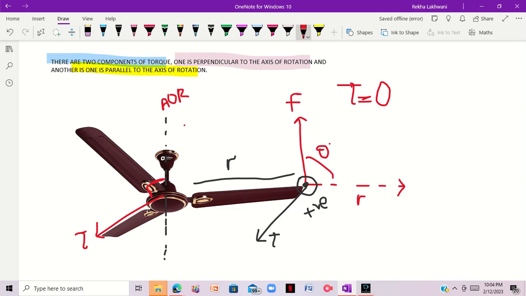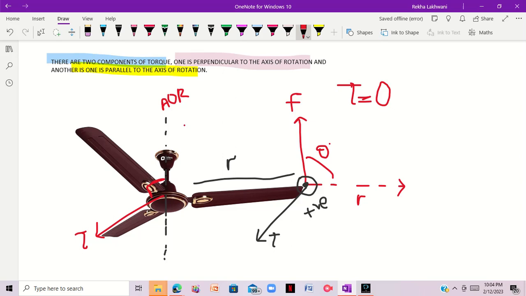Or you can see that in the previous video we talked about when the force was F cos theta, the torque is equal to 0, as the axis of rotation and the F cos theta are both parallel to each other, so there will be no torque produced.